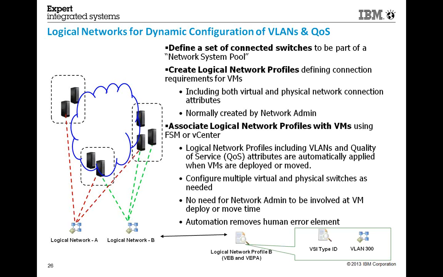Now, I am able to associate the various VMs as per those logical network profiles that include the VLANs and the QoS attributes that are automatically applied when VMs are deployed and moved around. Okay, so regardless of where you move your VMs, your network properties follow through.